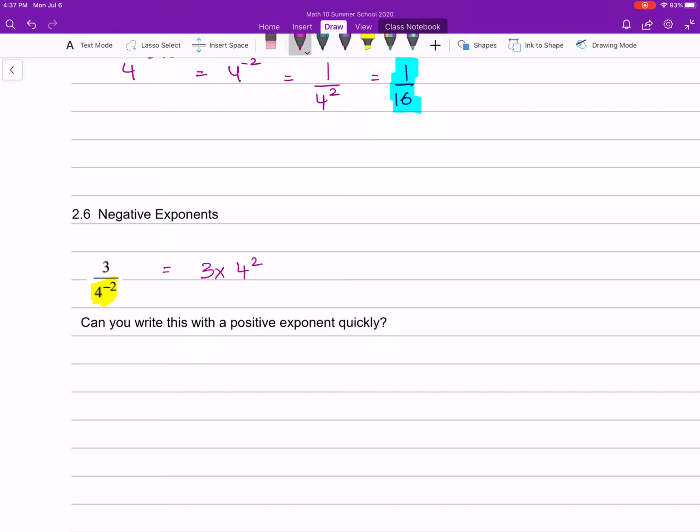Let's do one more. 8 times 3 to the power minus 2. Can you write it with the positive exponent? Yes. 8 over 1 times 1 over 3 square, which gives me 8 over 3 square. Since it's asking me to write this with the positive exponent, I'm going to leave it here and not simplify further.